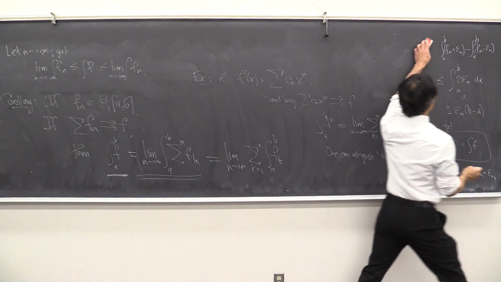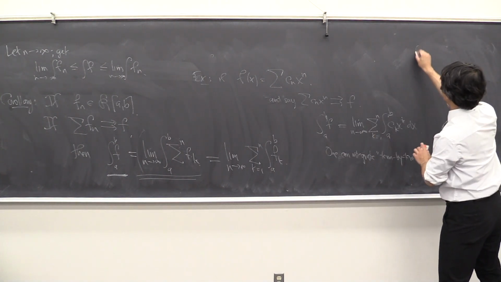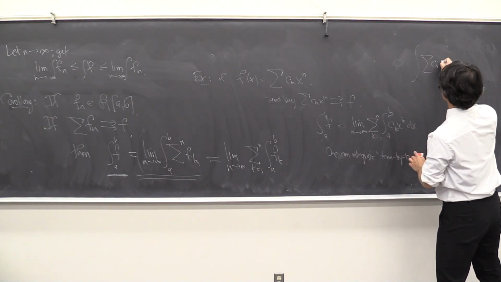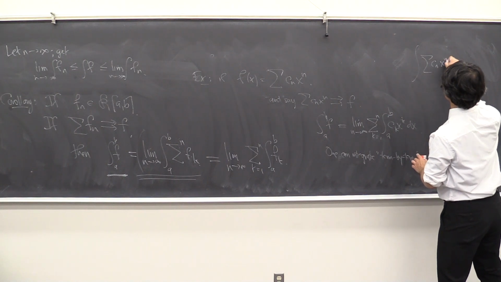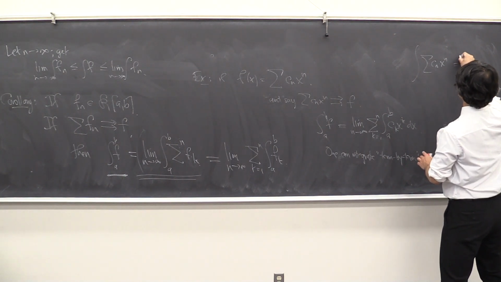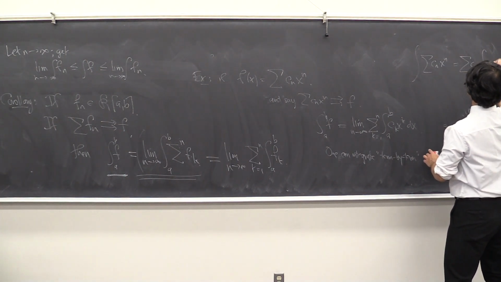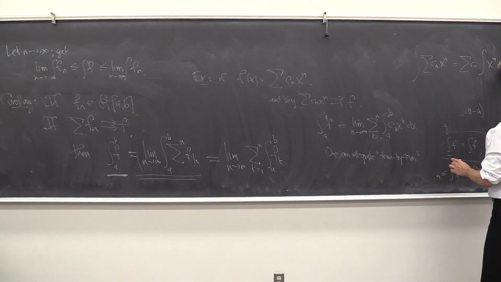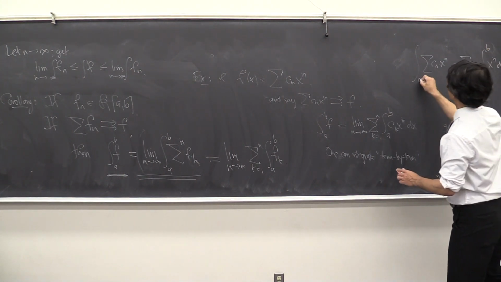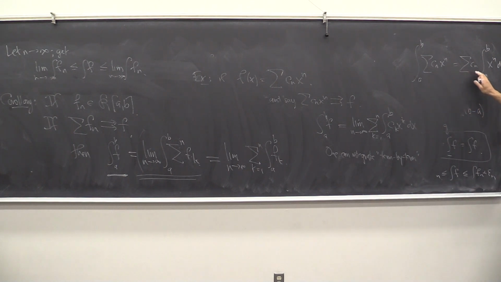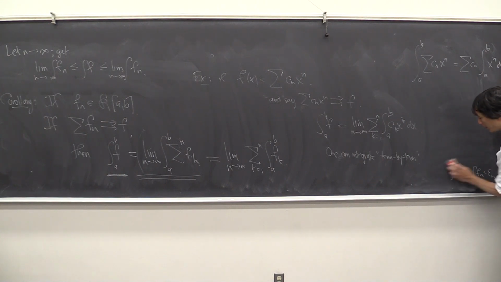So basically what this is saying is that if you're taking the integral of some uniformly convergent power series, then it's okay to take the integral term by term. That's something that will be very handy in complex analysis next term.